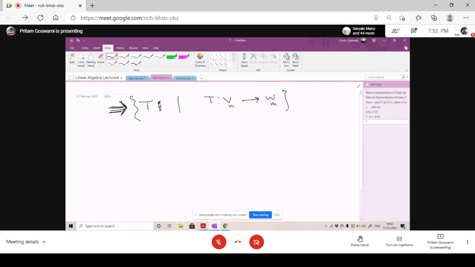And it is nothing but the vector space of all matrices of dimension m cross n. Clear? Yes, sir. Because linear transformations are matrices of order m cross n, the vector space of all linear transformations is nothing but the vector space of all matrices of order m cross n. Mathematically, they're equal.